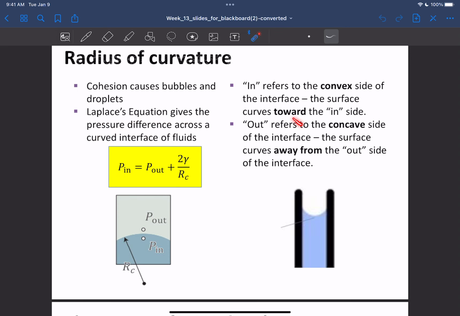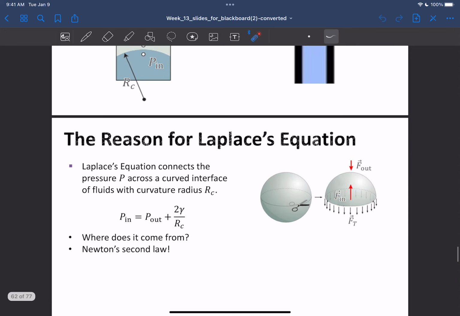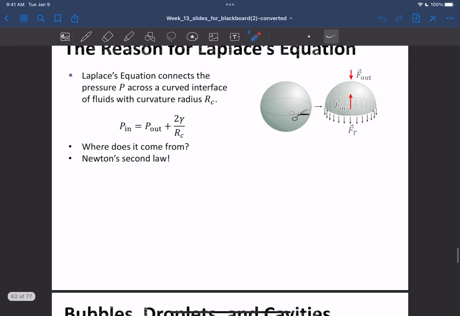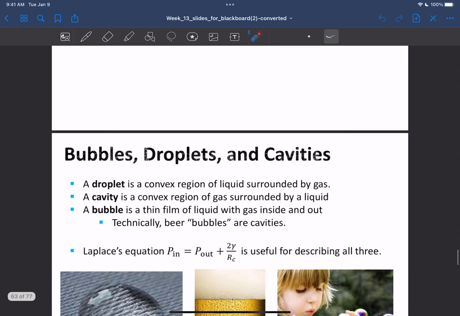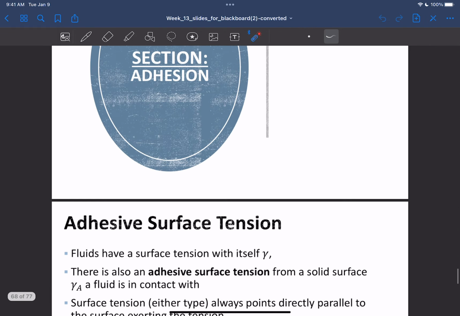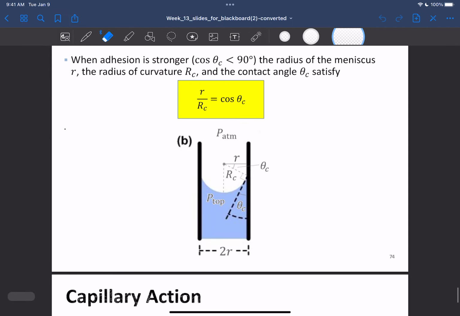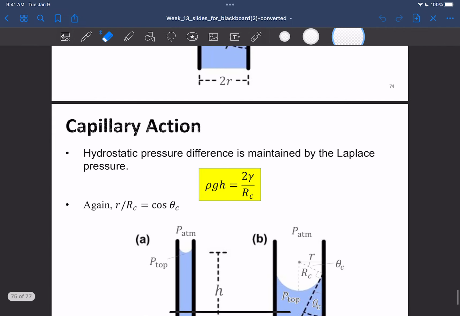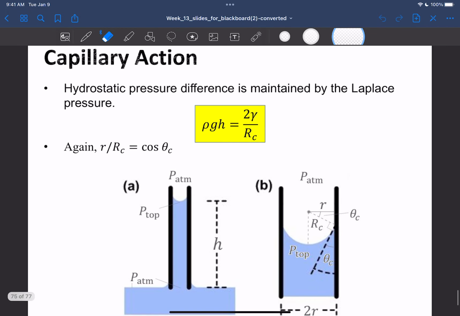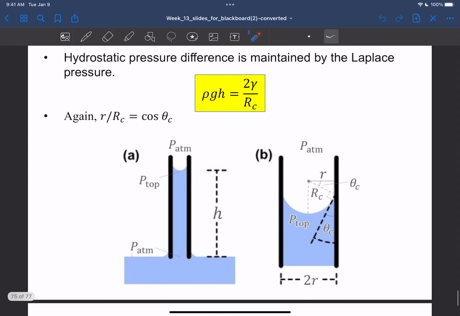It doesn't really say that it differs between inside and outside, like if it was curved inwards or outwards, convex or concave. But I'm wondering if somewhere down here, they will have, yeah. So let me see here. They have hydrostatic pressure difference is maintained by the Laplace pressure. Okay.